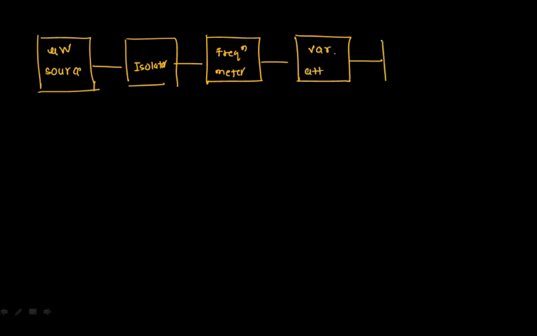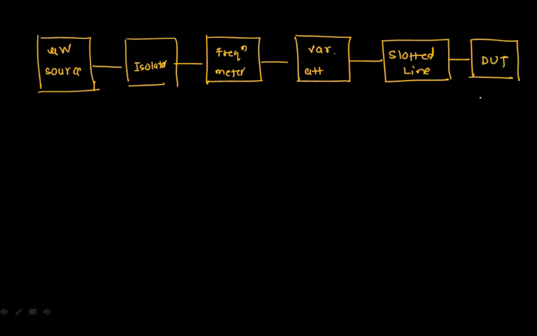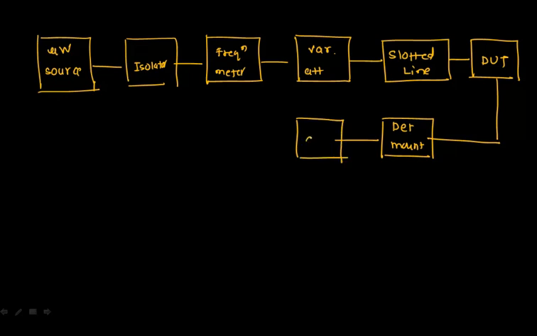Then you go for the slotted line. Fifth, you connect the device under test whose scattering coefficients are to be measured. Then connect it to the detector mount. Then connect it to the CRO. This is a very simple setup which you can use.